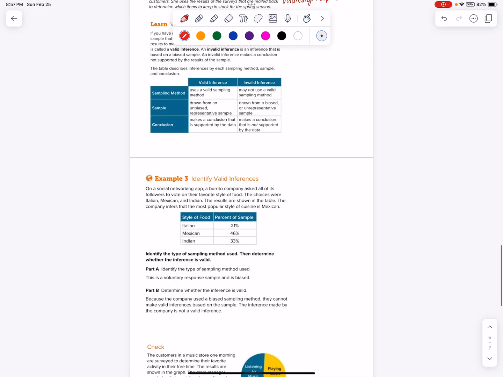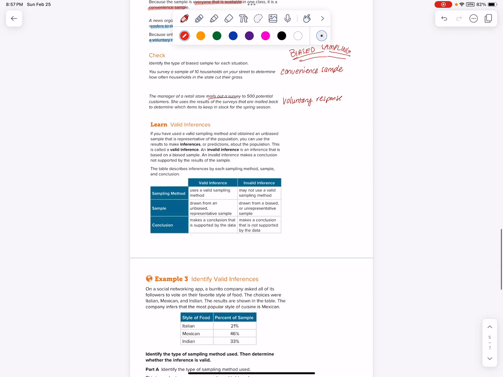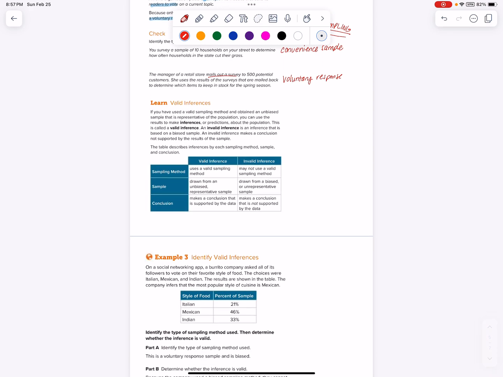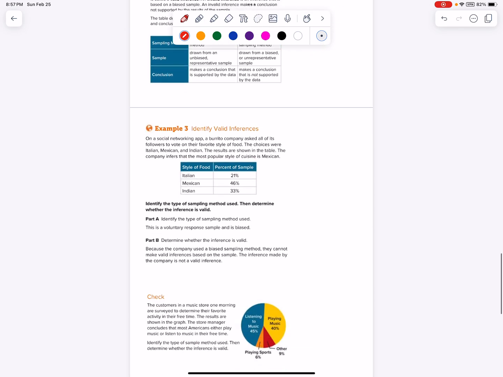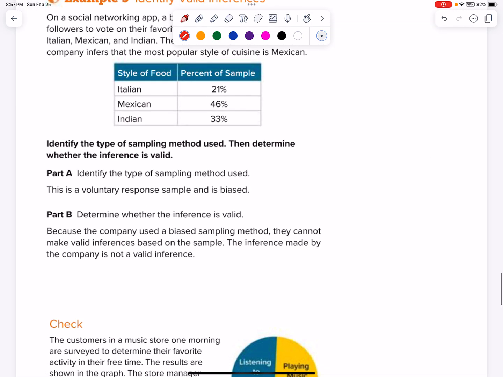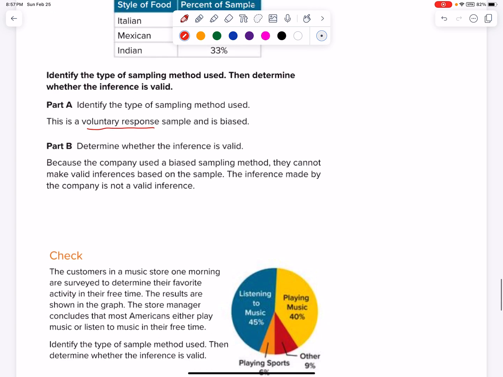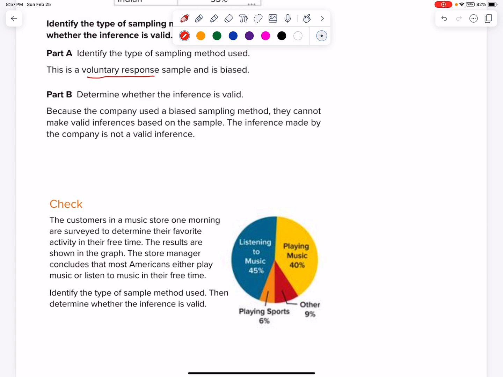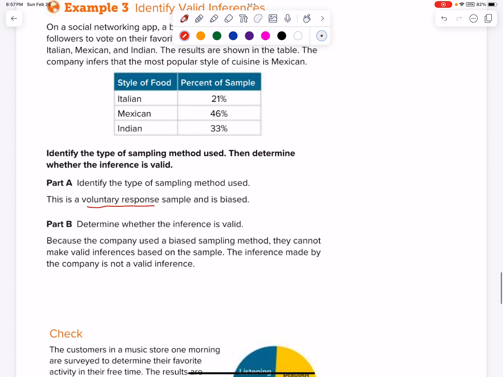So let's go back down. Like I said, I don't expect you to remember it. We're doing a little bit at a time here, okay? All right, so let's take a look. It says identify the type of sampling method, okay? It's the voluntary response, and so that's biased. So determine whether the inference is valid. Because they used a biased method, you can't make a valid inference, and so this data cannot be used.